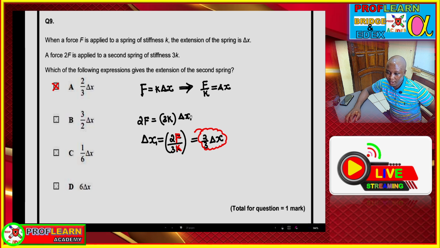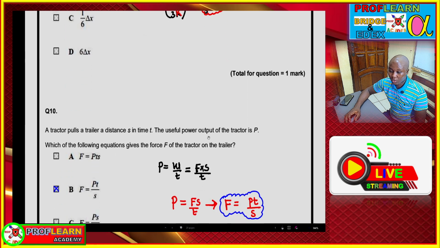I denoted it with x1 so that you can differentiate it from the extension we had here. Making it the subject, you are going to have 2F over 3K, but F over K equals delta X. So we can substitute F over K with delta X, and then the new extension is 2 over 3 of the old extension. So basically that's what we're going to do.